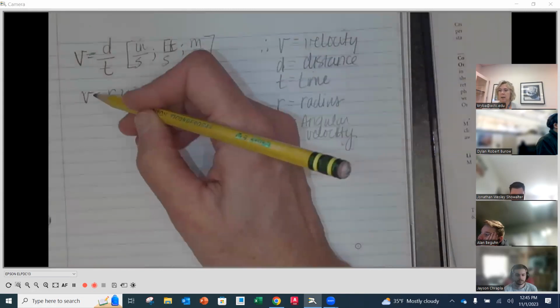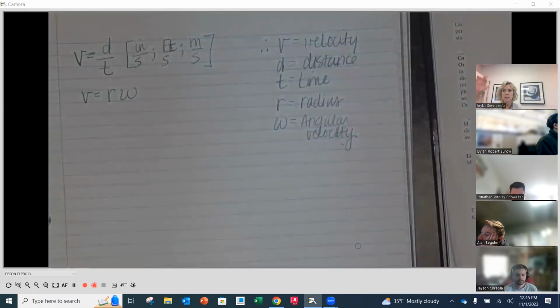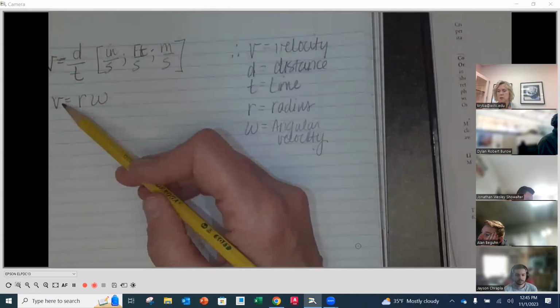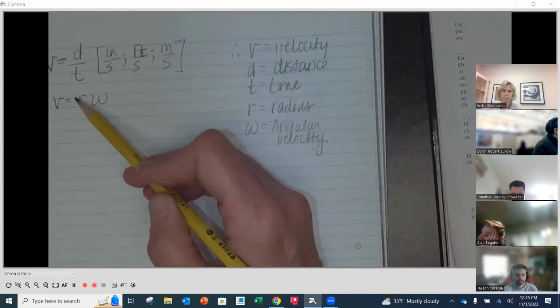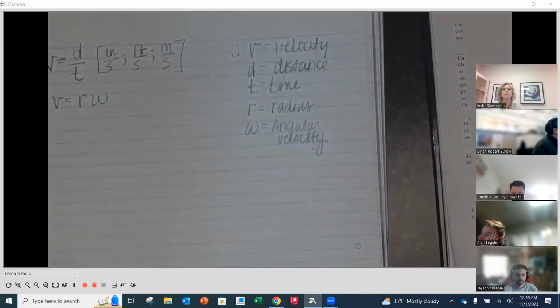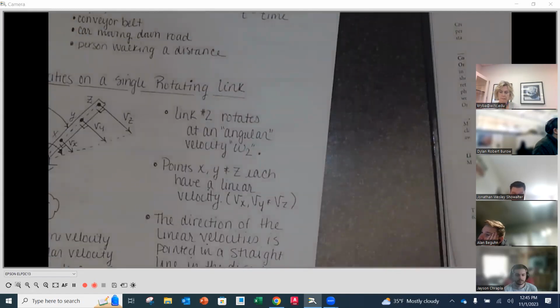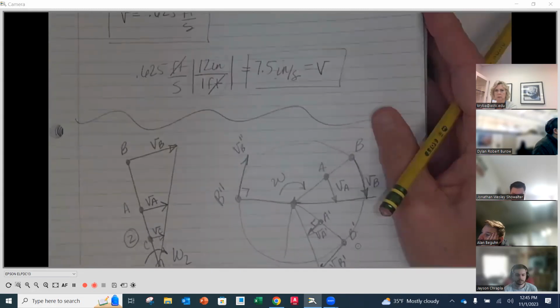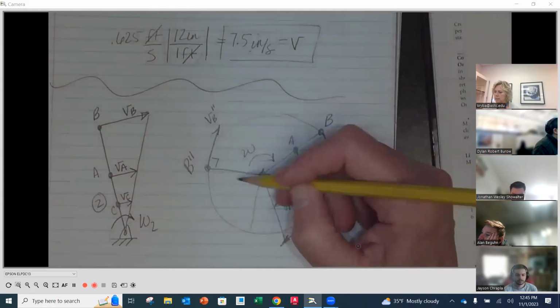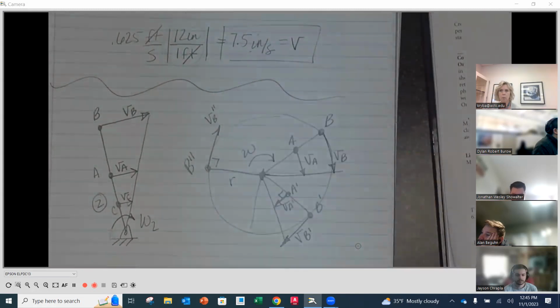Down here, same thing. We're still expecting distance over time for our velocity. But now radius, what are we expecting for that? If we look back at that illustration, this is my radius. What type of units would I expect for that?